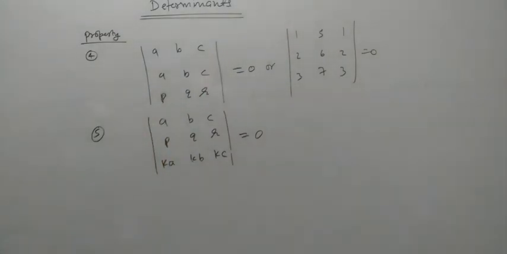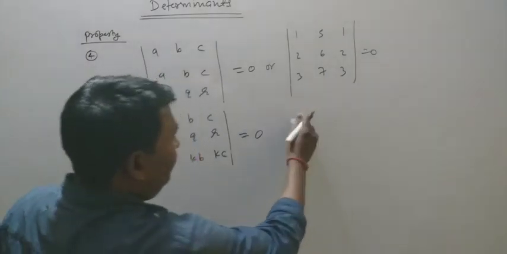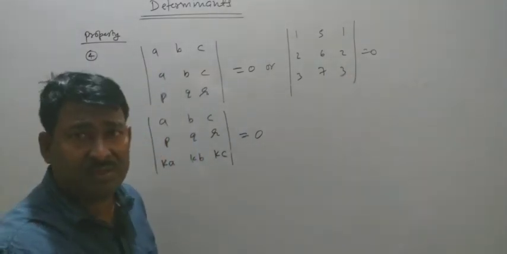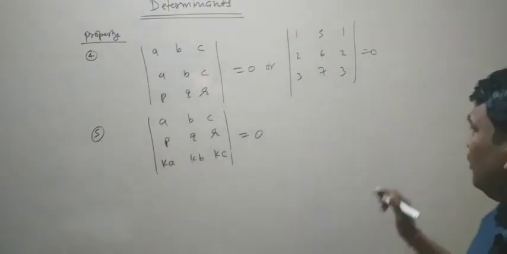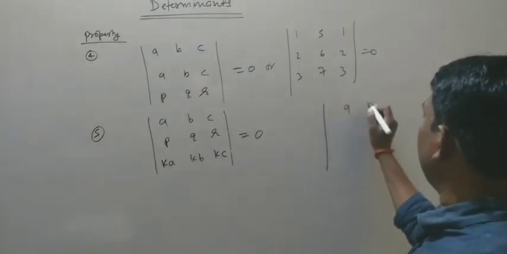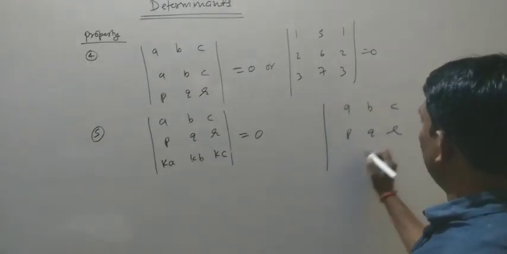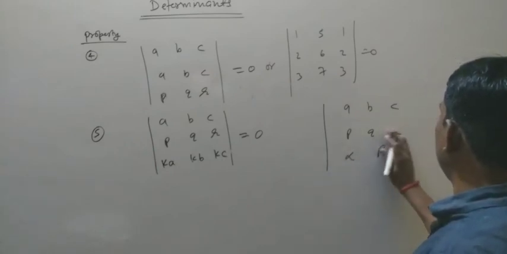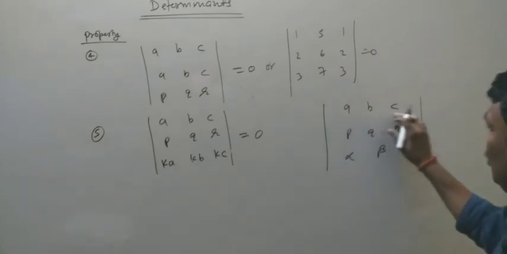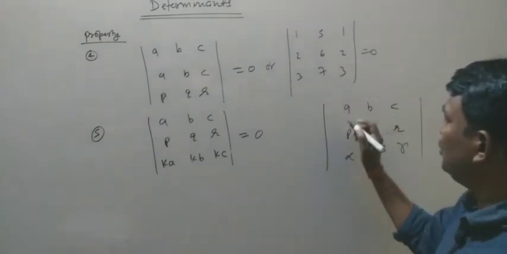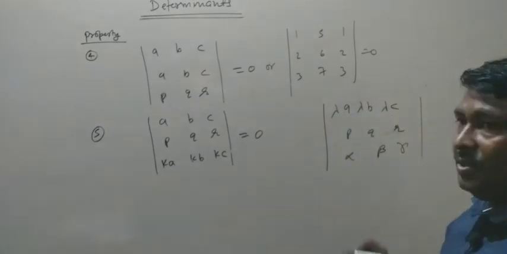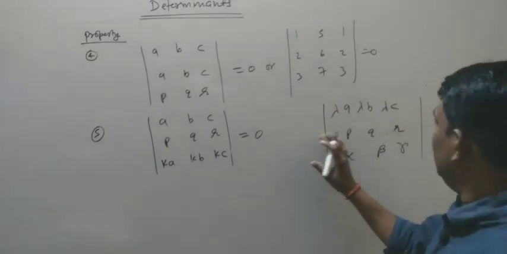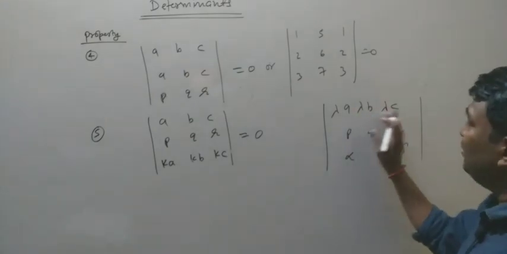Here another property is that if all elements of any row of a determinant are multiplied by any constant value, for example, if here A, B, C, here P, Q, R, alpha, beta, gamma, and all elements of a row are multiplied by a constant, suppose lambda, then this lambda can be taken out.